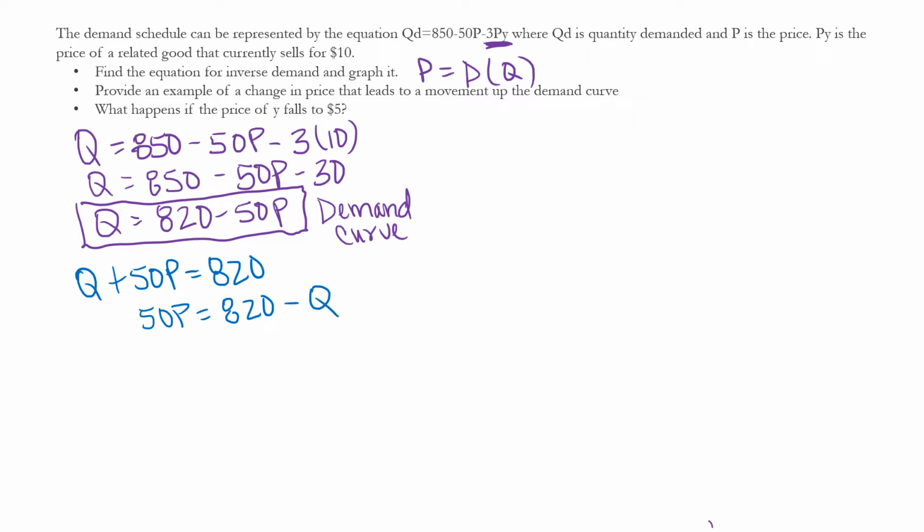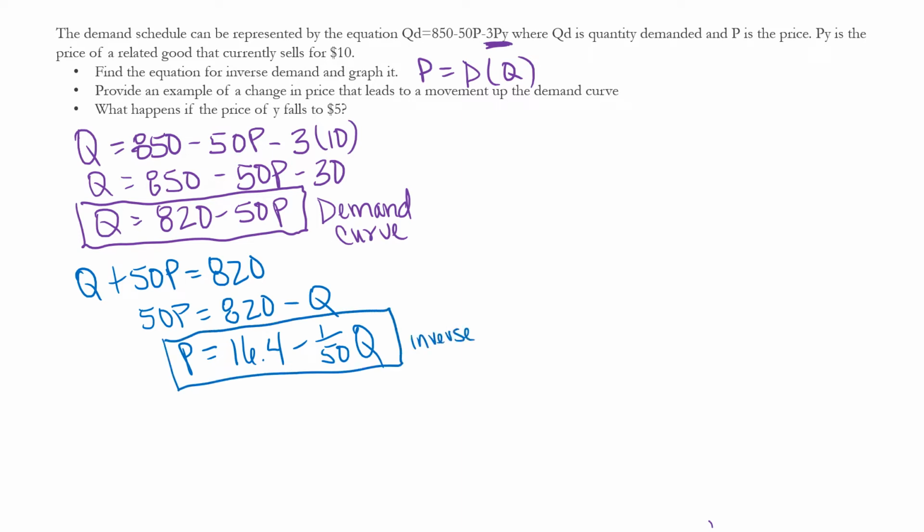And then I'm going to divide everything by 50. 50P divided by 50 is P. 820 divided by 50 is 16.4. And then we get 1 over 50 times Q. And this is the equation. This is the inverse demand curve. P is a function of Q that I want to graph.